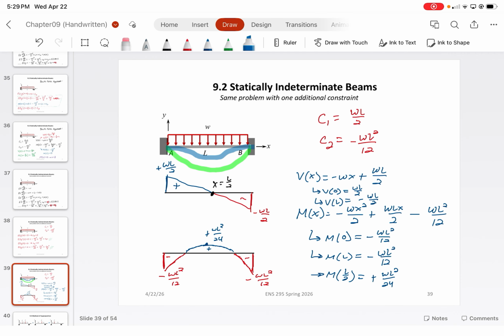So technically, the inflection of the beam would be here and here, whereas for this problem, the inflection points would basically be at these locations, here and here, at the ends.